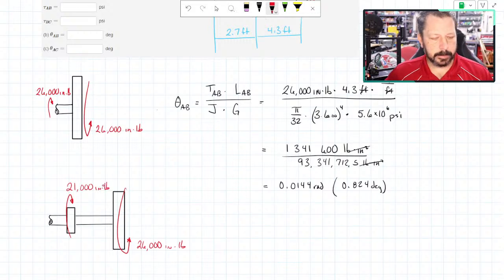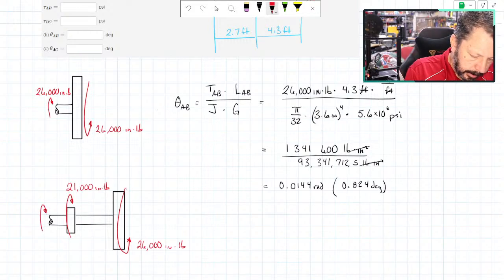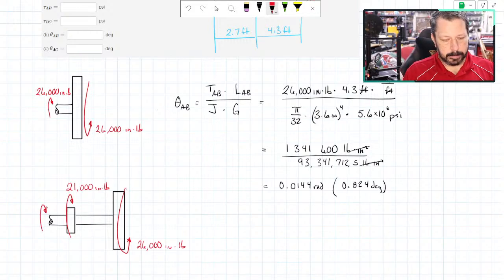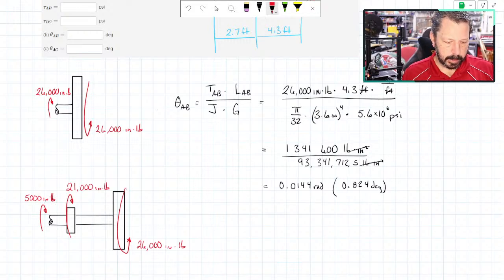So for this little diagram to be in equilibrium, the free body diagram, I need an internal torque here of 5,000 inch pounds, and looking at this, it is the same direction as the 26,000 internal torque from section AB, so it's going to have the same angle of twist.